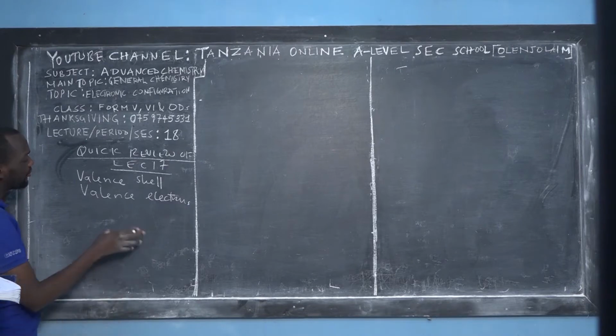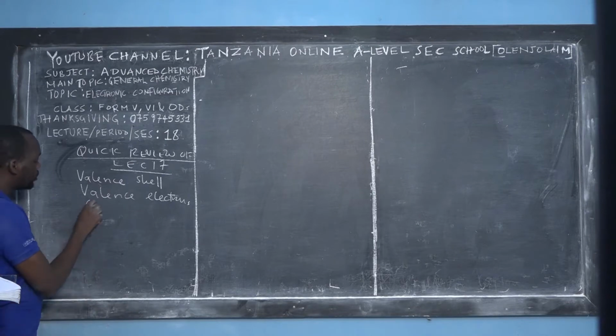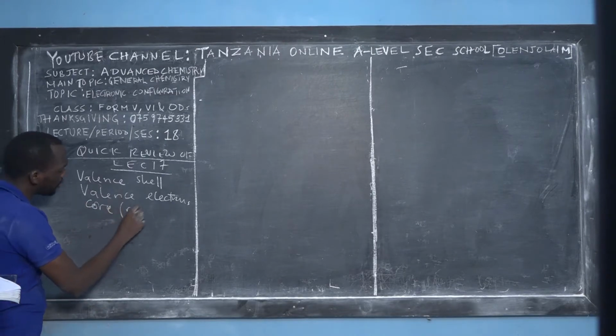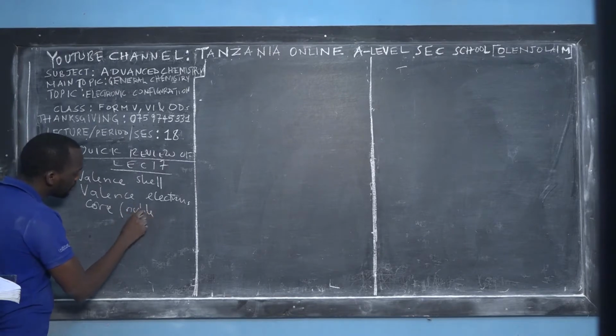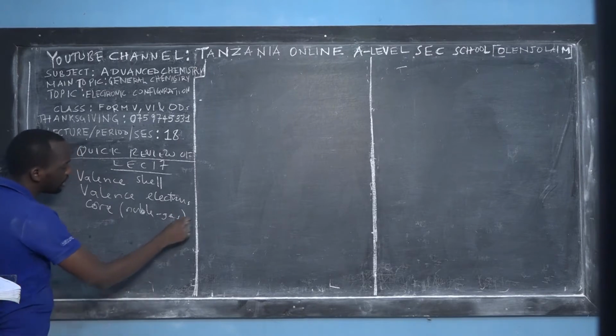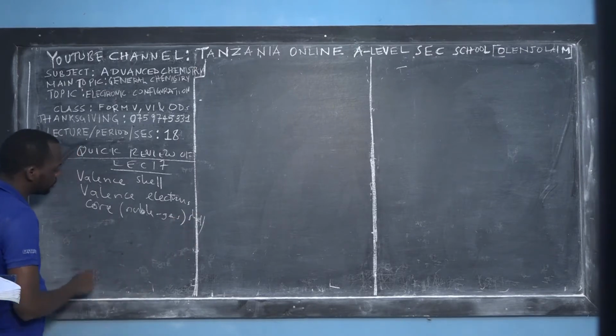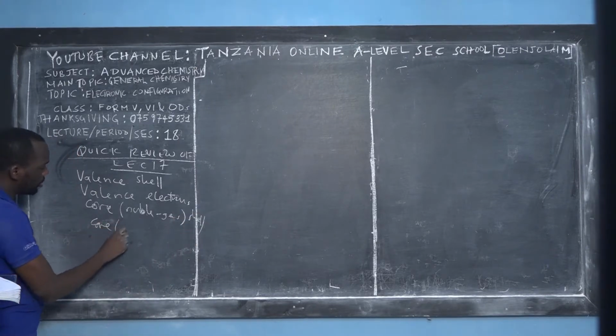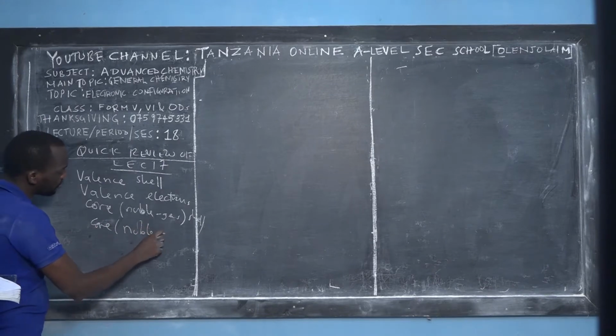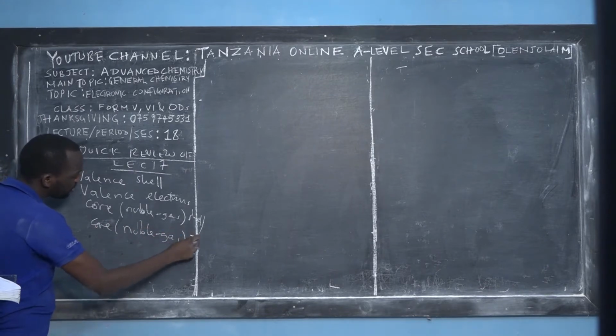And I related the advanced electronic configurations with your ordinary O-level electronic configuration. Then I told you about core shells, which we also call noble gas shells, and core or noble gas electrons.